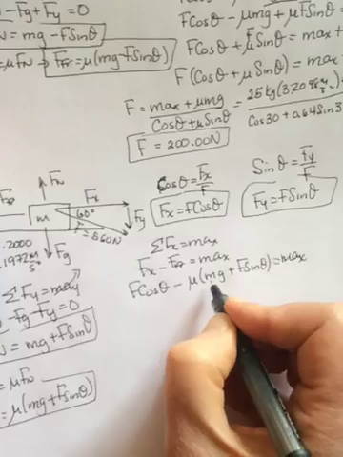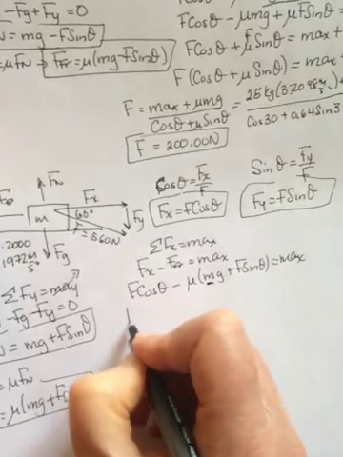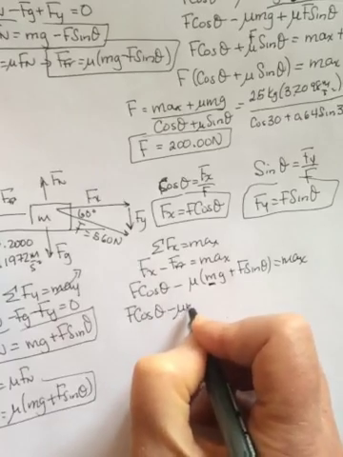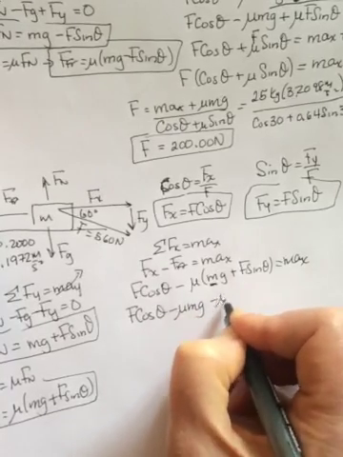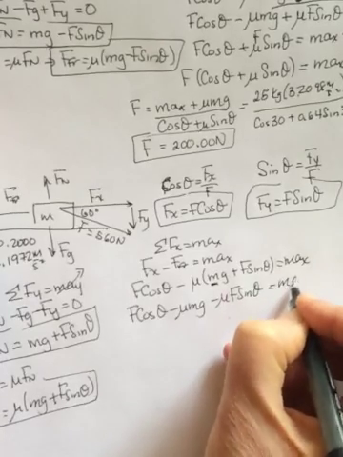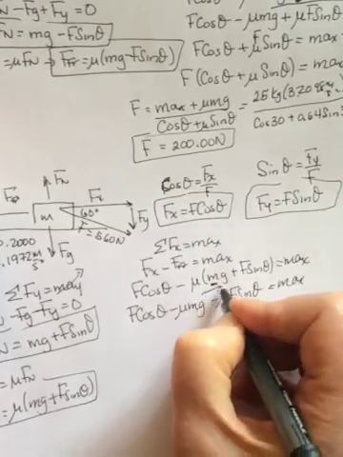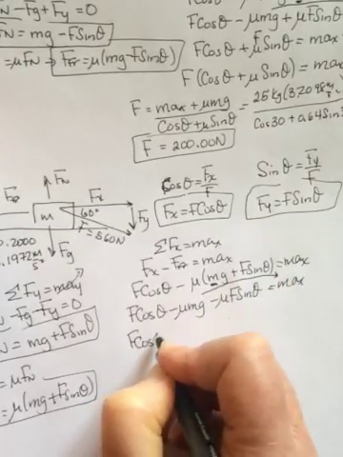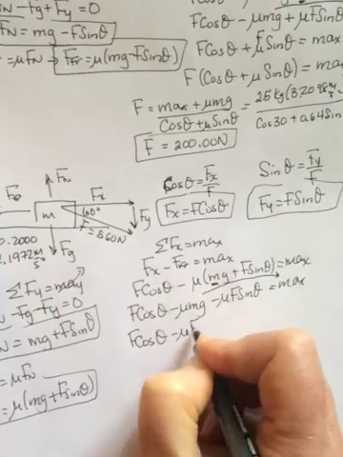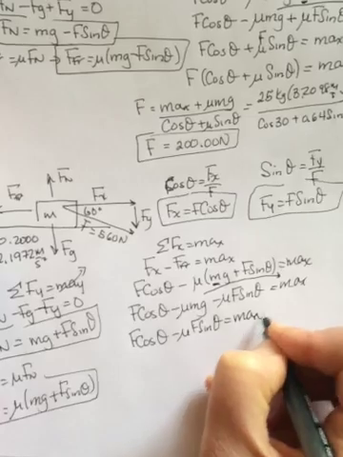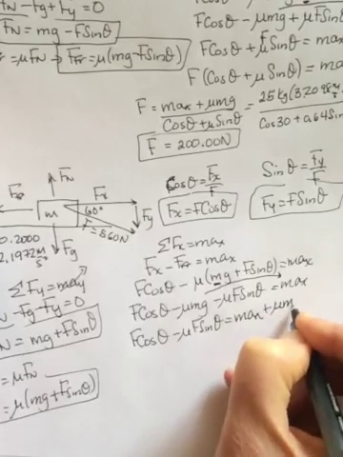This time you're solving for m, and there's an m stuck inside the bracket, so you have to multiply through by the mu. So F cos theta minus mu mg minus mu F sine theta is equal to max. Take your two terms with m to the same side, so F cos theta minus mu F sine theta is equal to max plus mu mg.